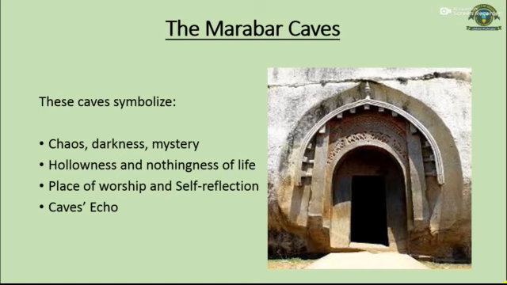So that is how the echoes and the caves symbolize that everything is a part of another thing. You cannot differentiate or separate one thing from another. Things are interlinked, and no matter what, this worldly life is nothing. So that is what is signified by the Marabar Caves and the cave echo.